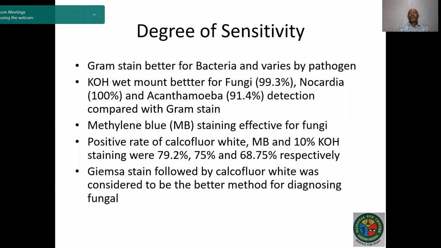Positive rates for calcofluor white, methylene blue, and KOH were also considered, and it was found that calcofluor white has a higher sensitivity rate for diagnosis of fungi than methylene blue and KOH. So all these are studies that have relevance in terms of what may be available at any diagnostic center in our settings.